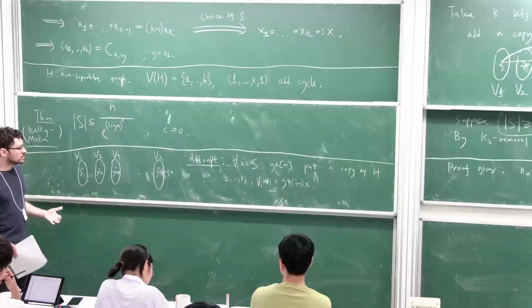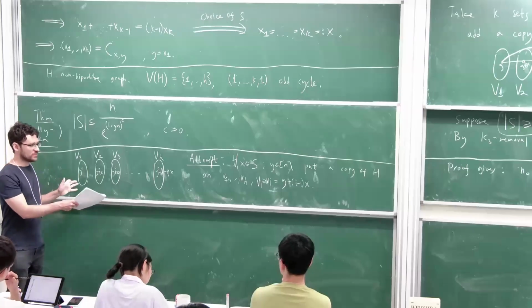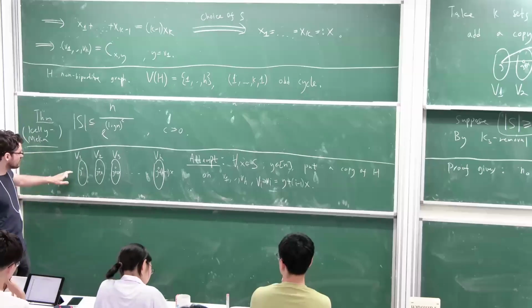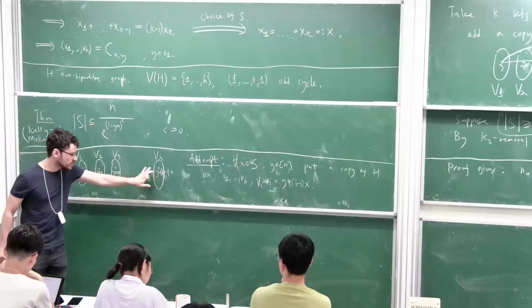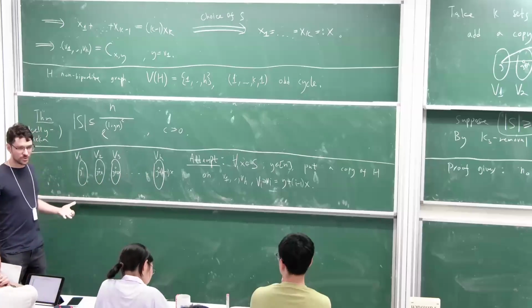So the issue that we might have is that we don't know how the copies of H look. Right? So earlier, what was really good for us is that every odd cycle actually must look this way. But for general H, maybe we don't know it.